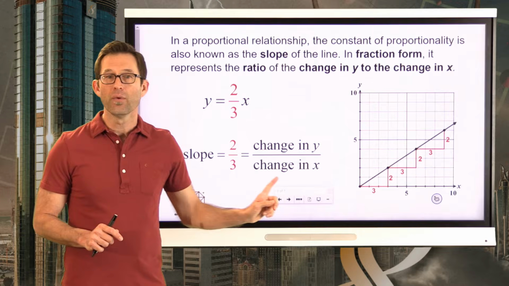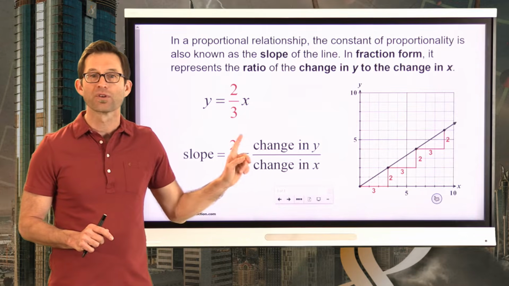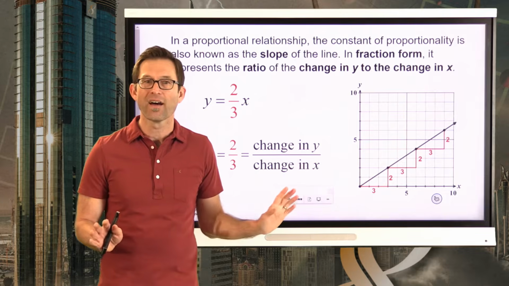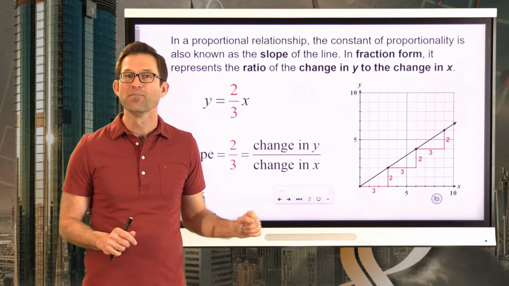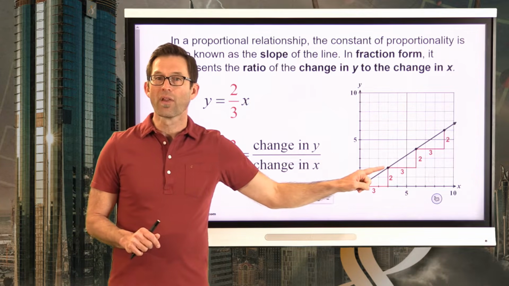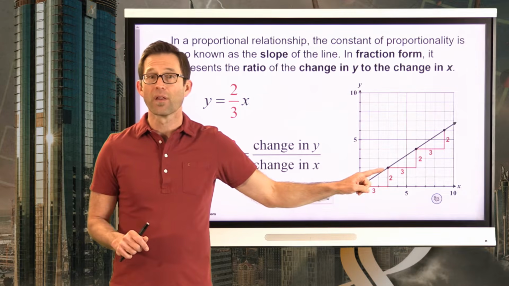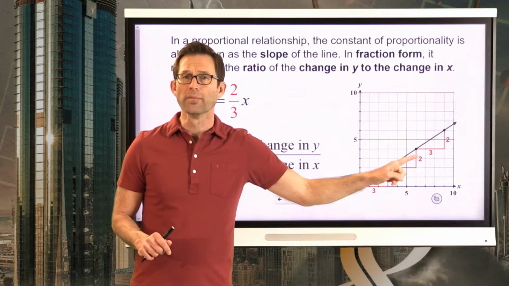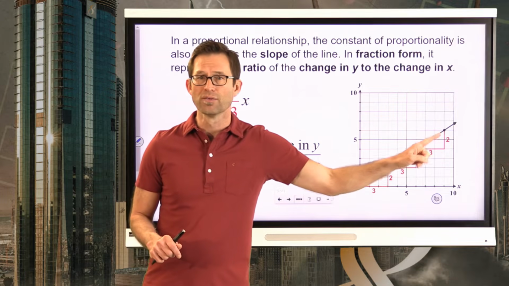So 3 units of change in x correspond to 2 units of change in y, and what that allows you to do with a line is, if you know a point on the line, you could then get other points on the line by literally just following the slope. I'm going to go 3 units to the right, 2 units up, 3 units to the right, 2 units up.